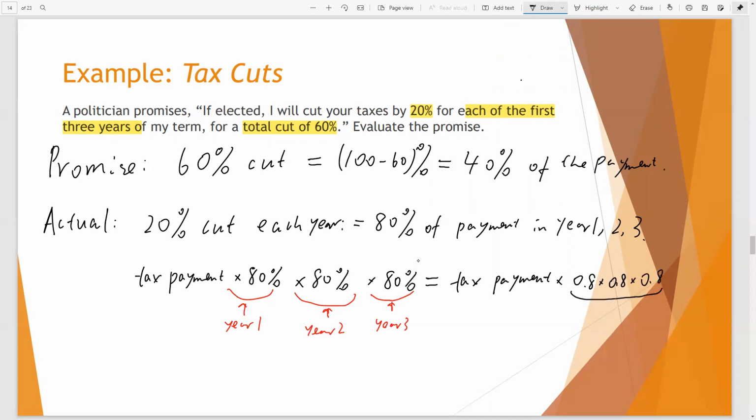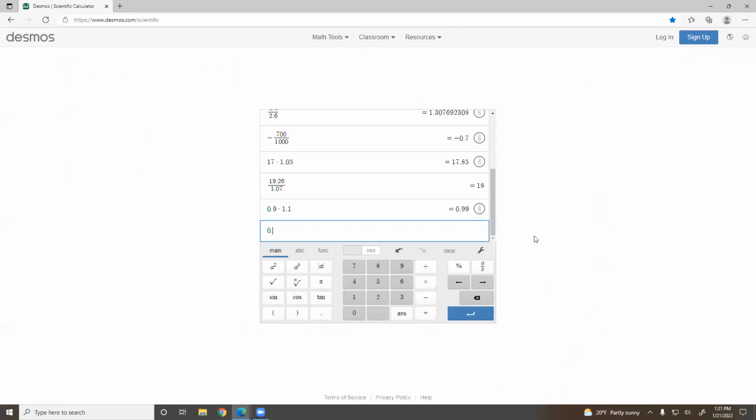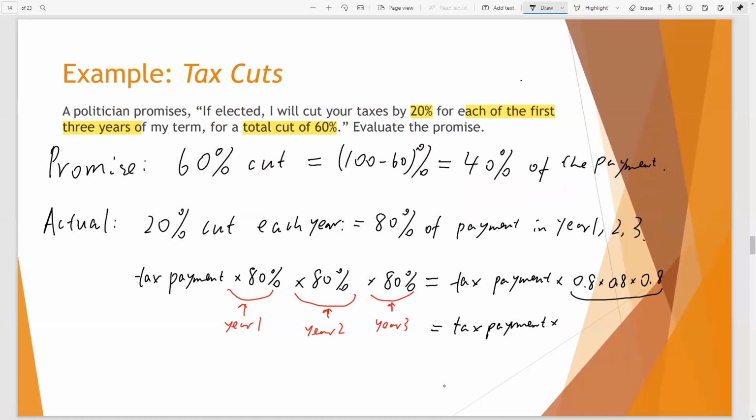You can multiply this out to see what factor it is multiplied by at the end, how much it is actually deducted. 0.8 times 0.8 times 0.8 is 0.512. What does that mean? That's 51.2% of the tax payment.